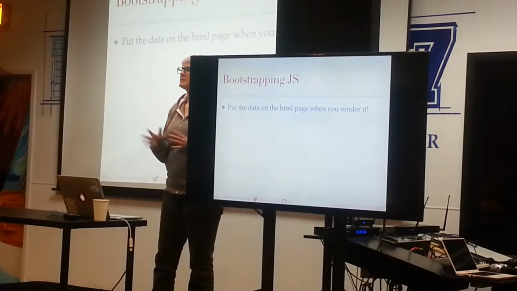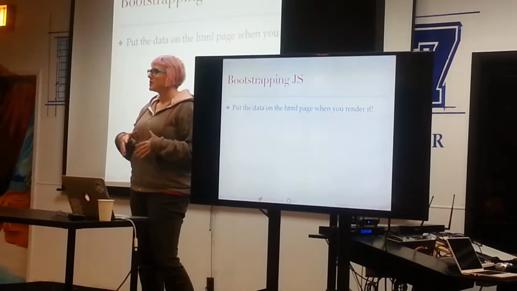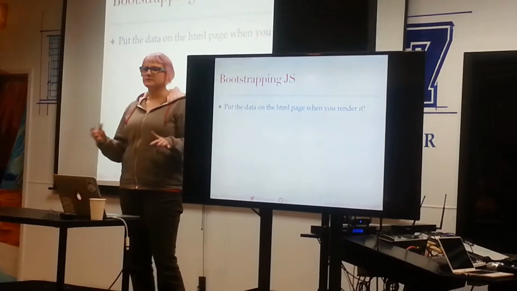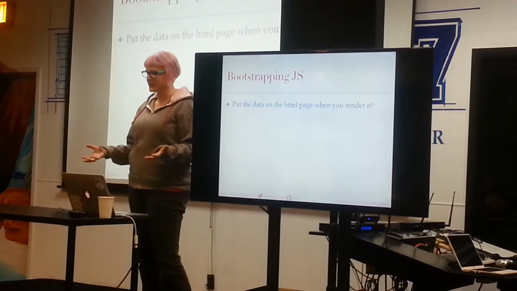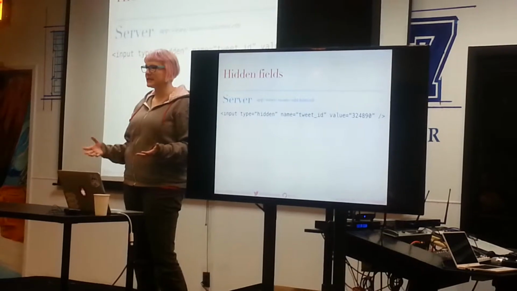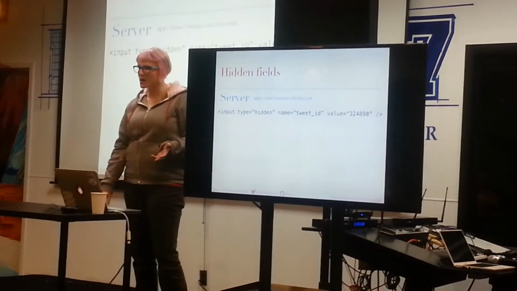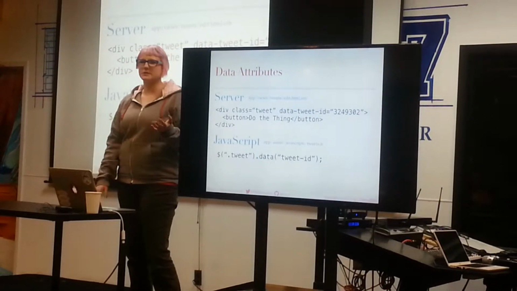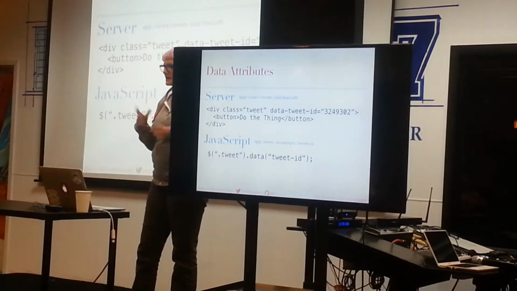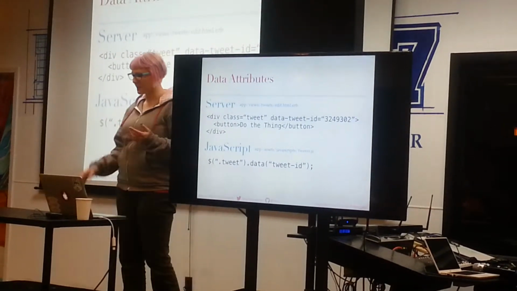Bootstrapping JavaScript, some of this is really obvious. When you render the HTML, you put stuff in there that JavaScript can use. Sometimes it's just in HTML, like hidden fields in a form, or data attributes, and you can access it using .data with jQuery.